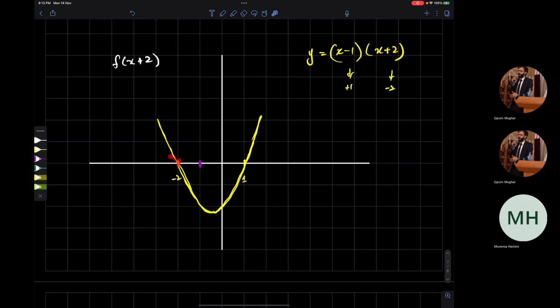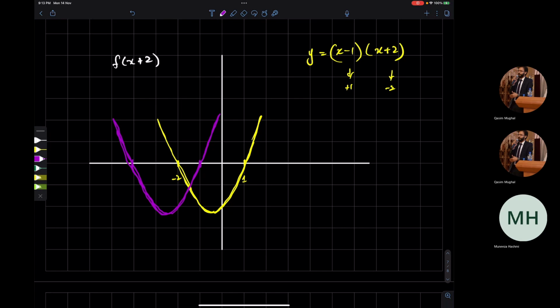And for this minus 2, the graph is going to cut through here. Now you will have the same graph, translated towards the left. There's 2 being added in its x.